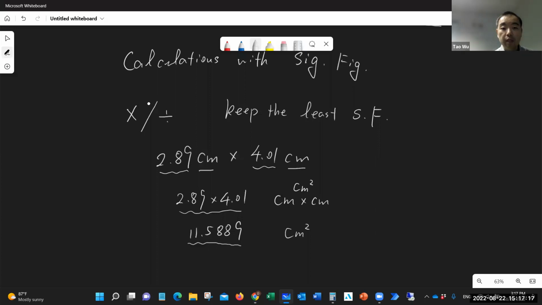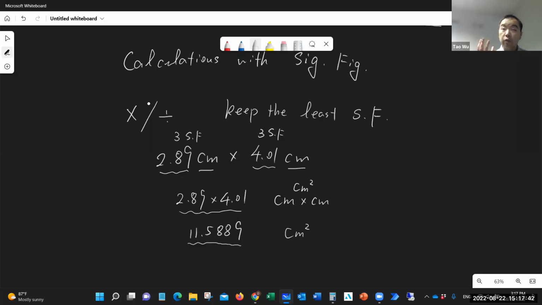For example, 2.89 has 3 sig figs, and 4.01 also has 3 sig figs. So 3 sig figs times 3 sig figs, the answer should also have 3 sig figs because the least sig fig is 3. So the answer will only keep 3 sig figs.